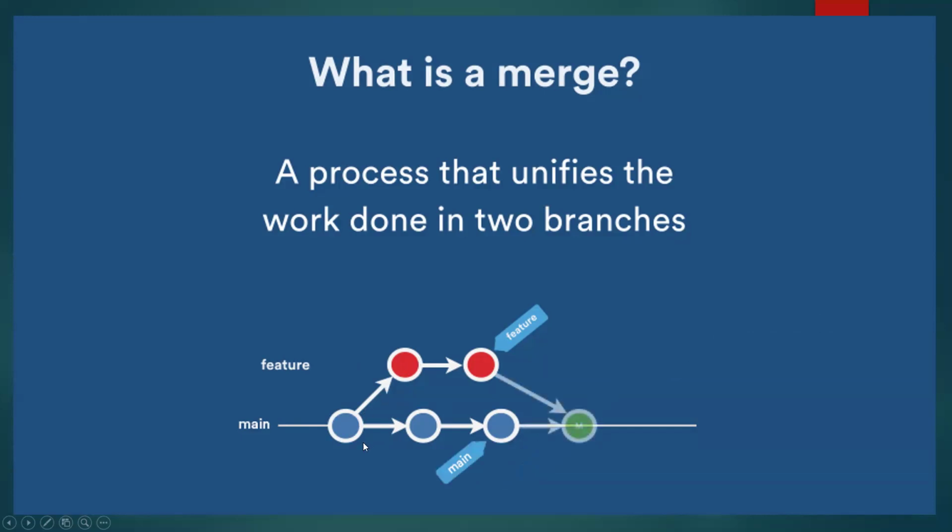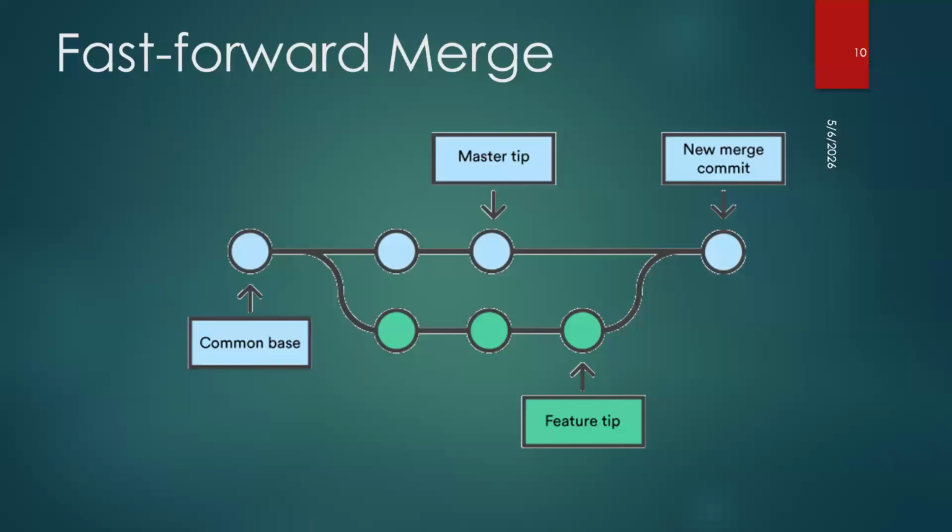You did some changes in the main branch also, and you did some changes in the feature branch also. At the end, you want all the changes done on the feature branch to be merged with the main branch. That is what I want. Whatever changes are done on the feature branch should come to the main branch also. So we'll merge these two branches. That is the merging process.